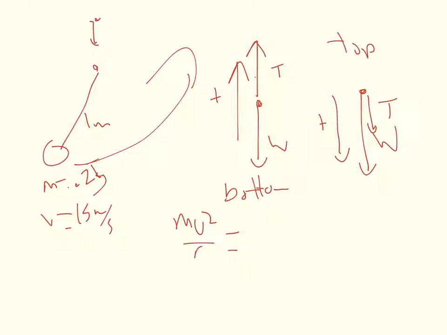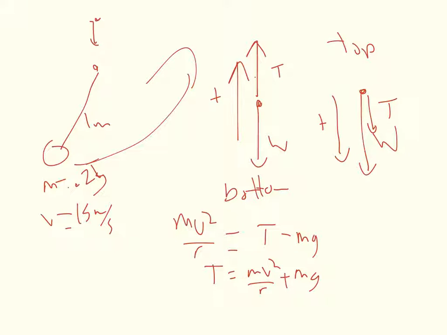And we're going to say, okay, we have positive T going to the center minus mg going away. So in this case, T is equal to mv squared over r minus mg. Or sorry, plus mg. So T is having to account for the total centripetal force that has to be applied, and the weight of the object. So it's having to work extra hard to keep it in rotation at the bottom.